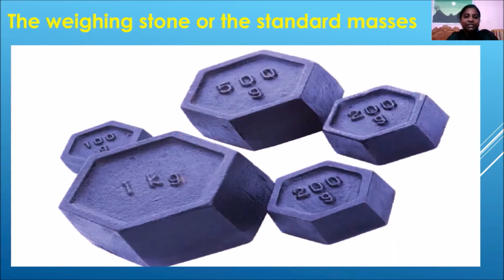Look at the given pictures, children. Here you are seeing the 1 kg, 500 grams, 200 grams, 100 grams of weighing stones, or we can say the standard masses. It is used to measure the mass of an object.